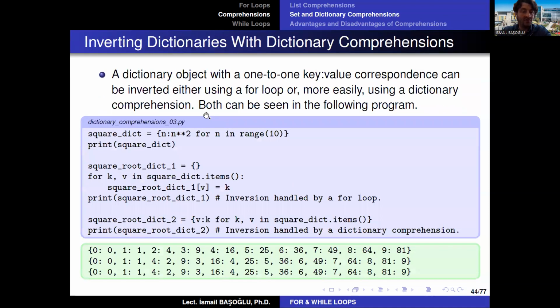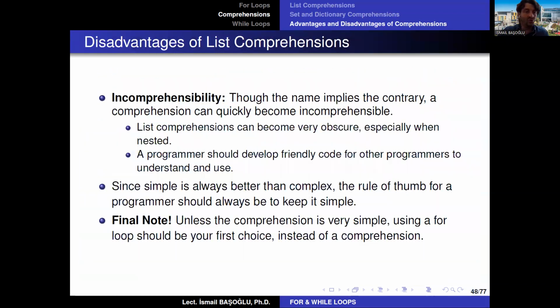Therefore, if you want other programmers to read and understand your code, my friends, using so many list comprehensions, dictionary comprehensions and set comprehensions in nested structures is not going to be very friendly for the other programmers. Okay, so the golden rule of programming is what? Simple is always better than complex. Okay, this is the rule of thumb for a programmer, that we should always keep it simple.